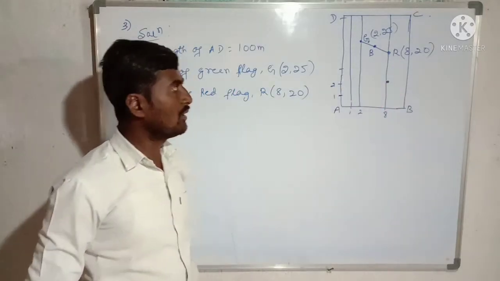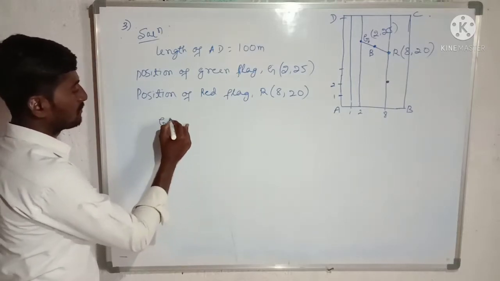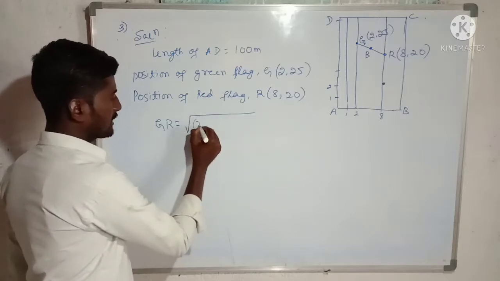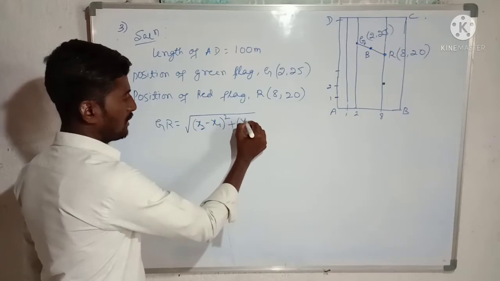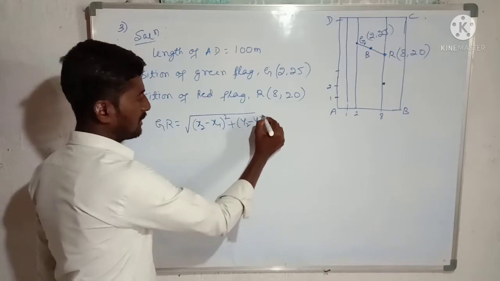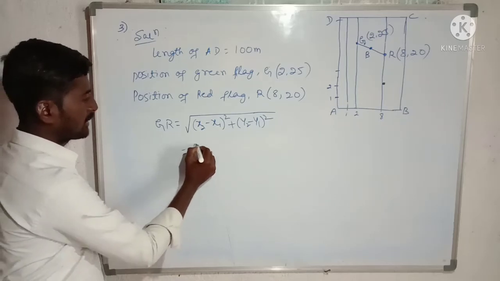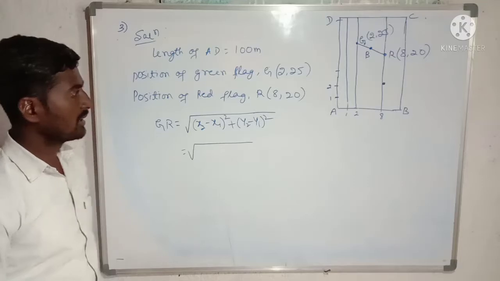Okay. Now let us find the distance. GR is equal to square root of x2 minus x1 whole square plus y2 minus y1 whole square. Now let us substitute the values. I will take this as x1 y1, this as x2 y2.